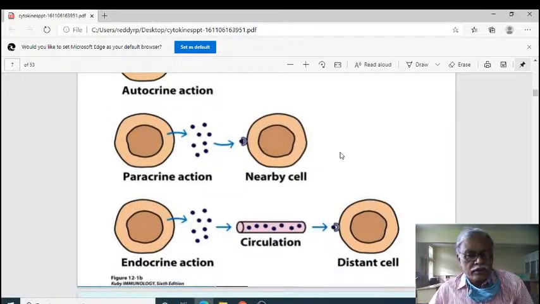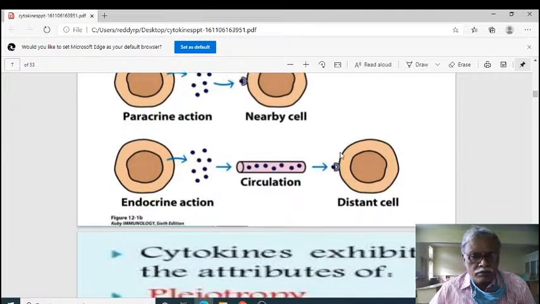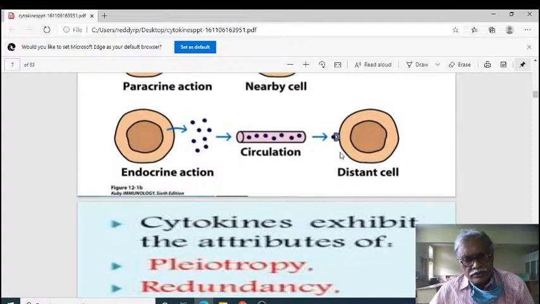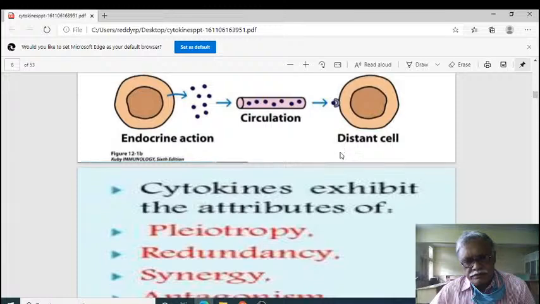The paracrine, they will go to a nearby cell and get adherent to the nearby cell, and it goes to the circulation, and it also goes to a distant cell where there is injury or inflammation in the body, and it will go and become adherent to that particular target organ.